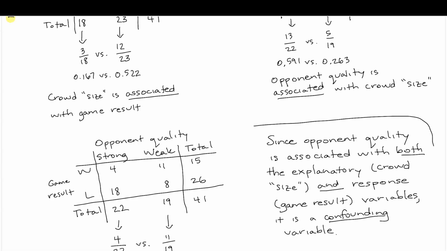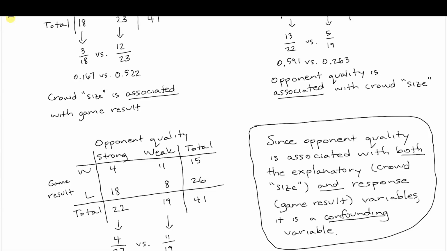So, off to the side, this is the conclusion of how we can determine that opponent quality is confounding. We can find an association between opponent quality and crowd size, which was the original explanatory variable. And we can find an association between opponent quality and game result.